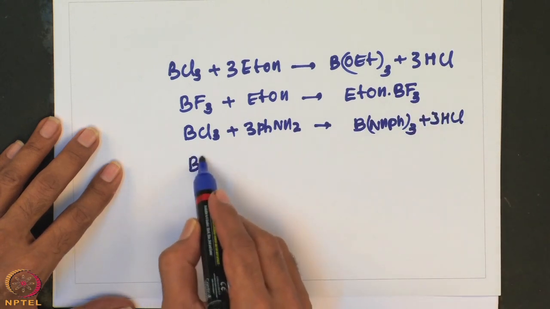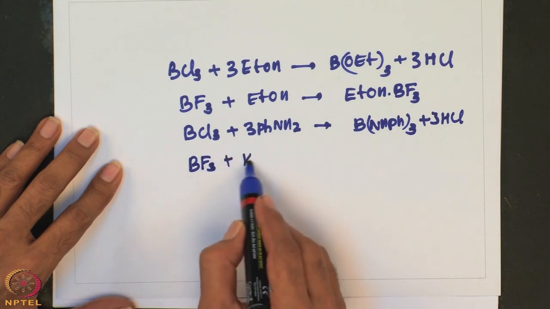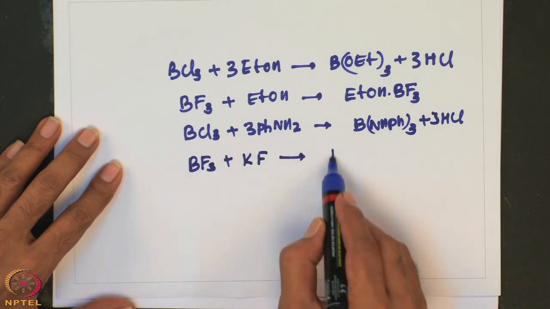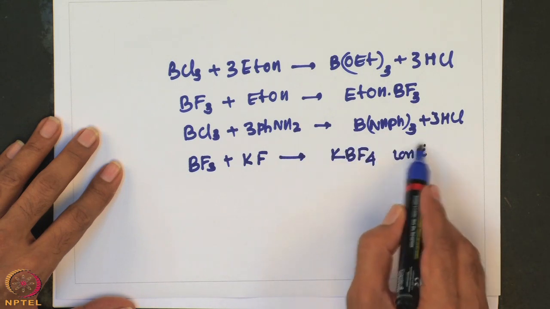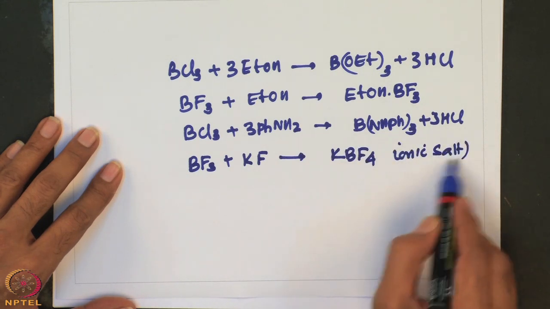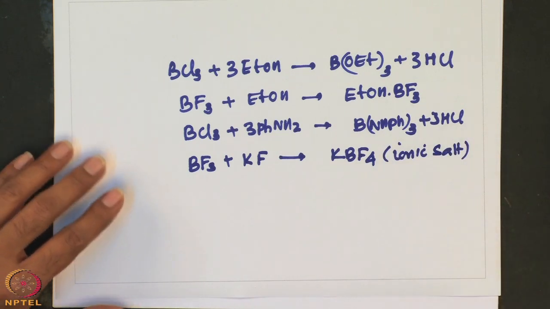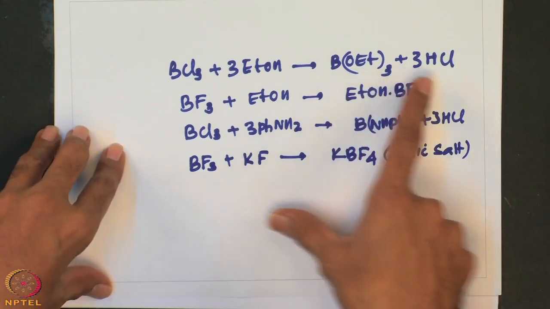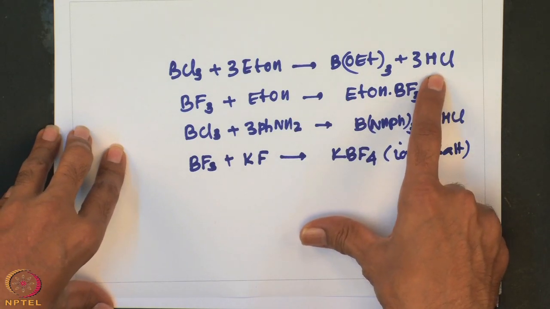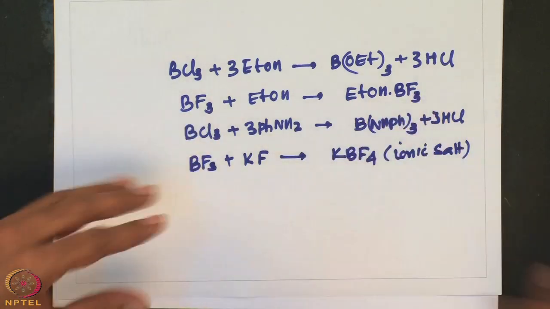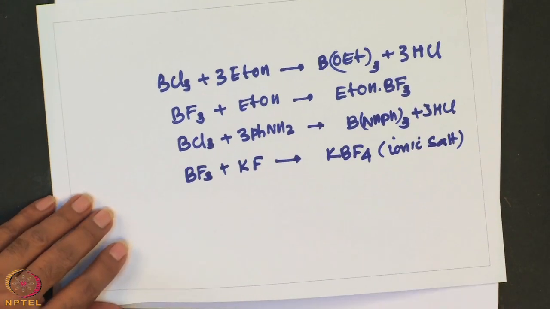And BF3 plus KF gives KBF4, which is an ionic salt. So, we should be able to do that. In these cases, we can also add a base, so that if you add triethylamine, the hydrochloride precipitates and the reaction will be much faster.